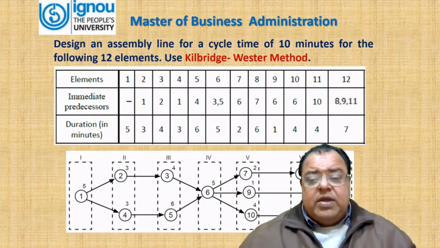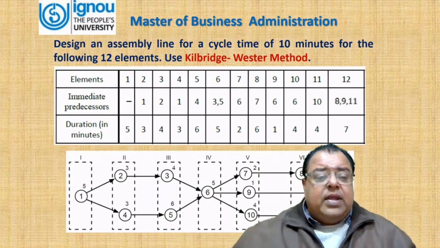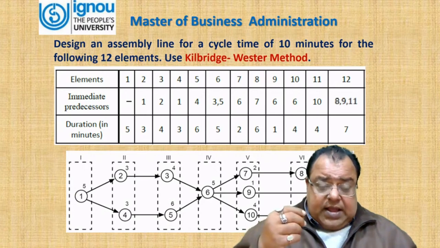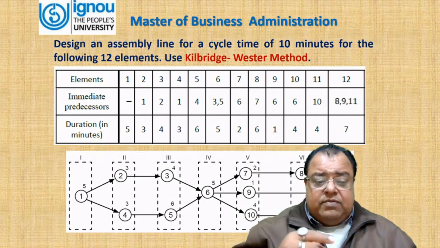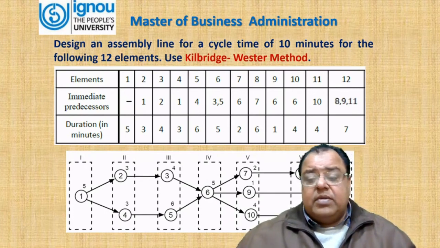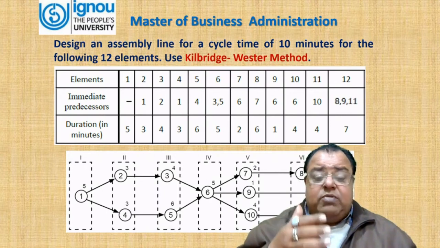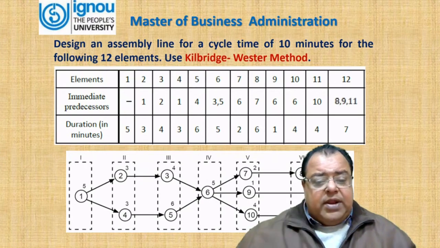Similarly, following all these, we form this precedence diagram. On the elements, what we have written in circles, we write their time duration. So we can see numbers like 5, 3, 2. Similarly, all the durations in minutes are written on it.